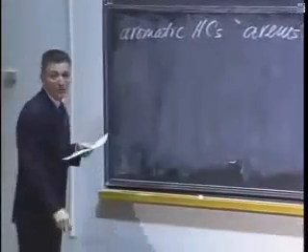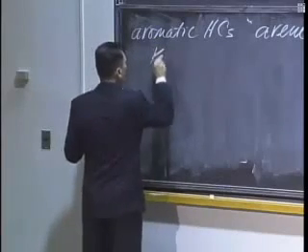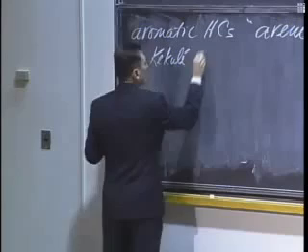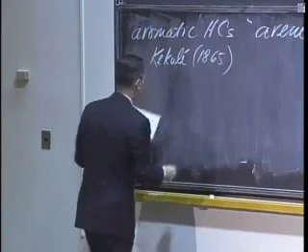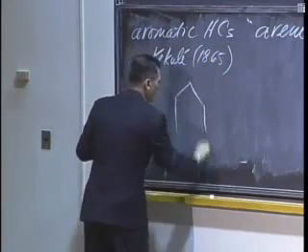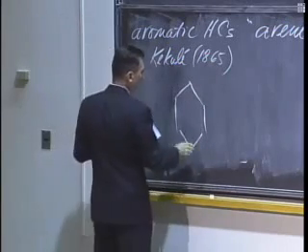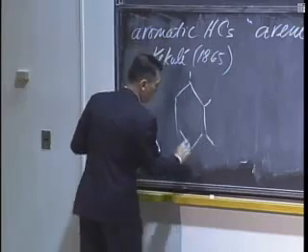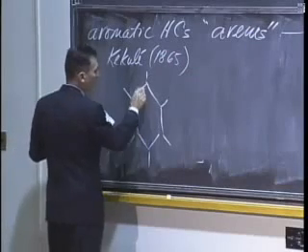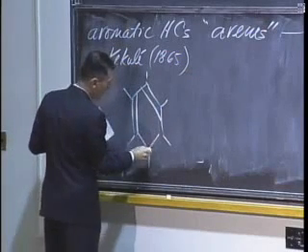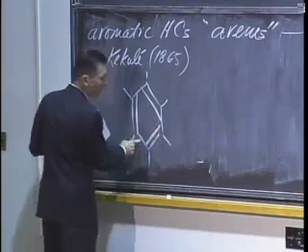People were mystified by its chemical structure, and it was Kekulé in 1865 who proposed the following structure. He proposed a hexagon of carbons with hydrogens off the corners, and then alternating double and single bonds. So double, single, double, single, double, single.